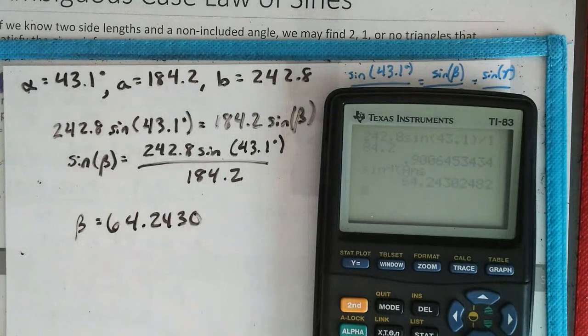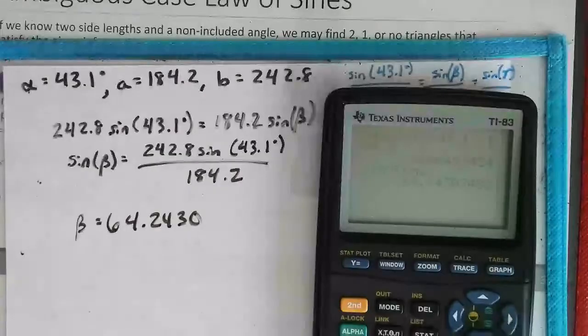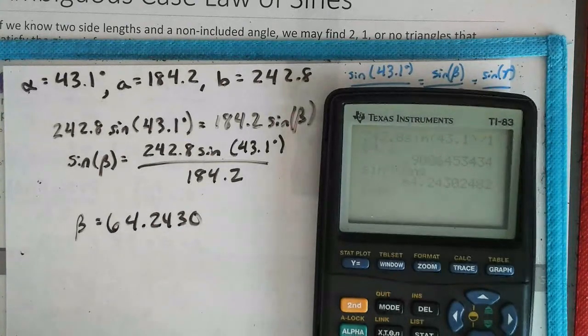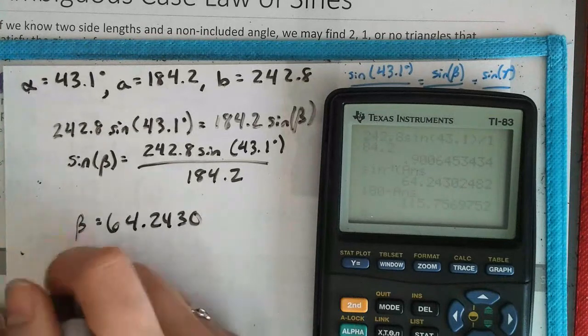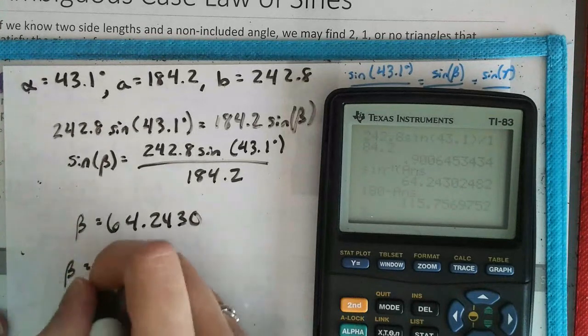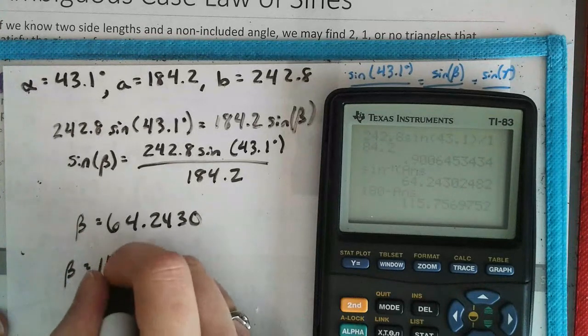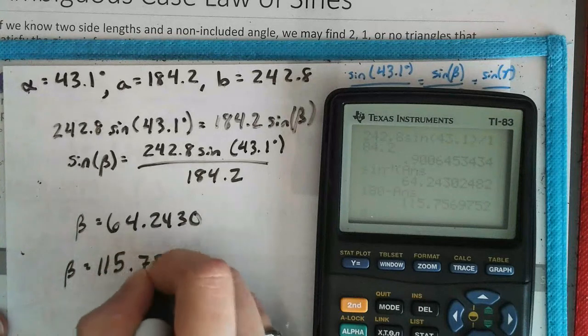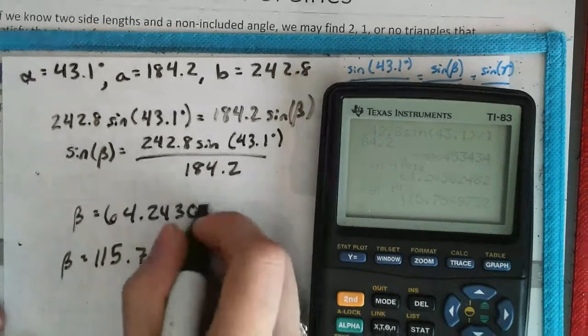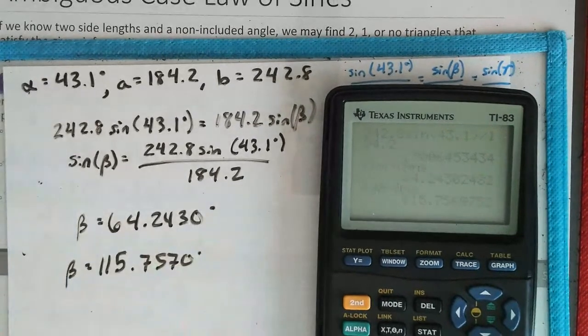But like we said before, sine is positive in quadrant 1 and quadrant 2, so let's see what this would be in quadrant 2. If I take 180 and subtract that, that would be my quadrant 2 answer. So beta could also be equal to 115.7570, and those are in degrees.